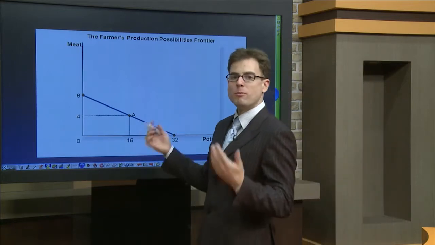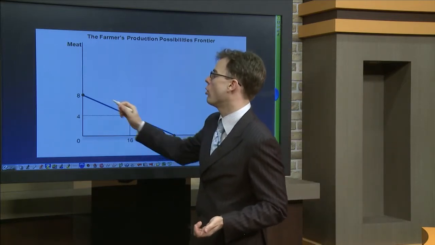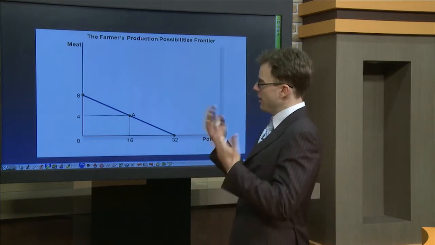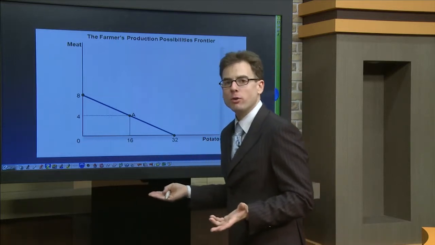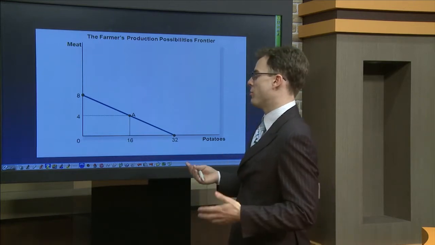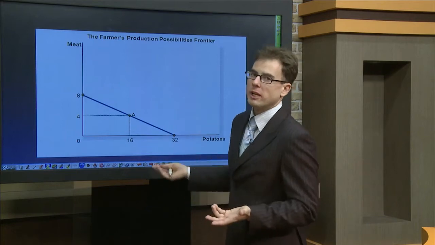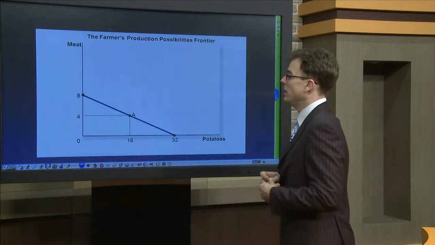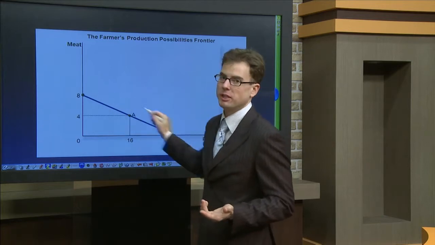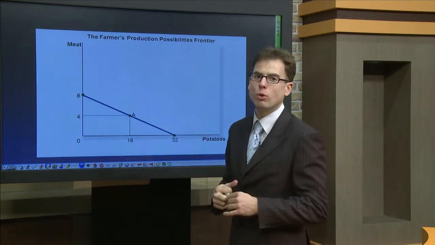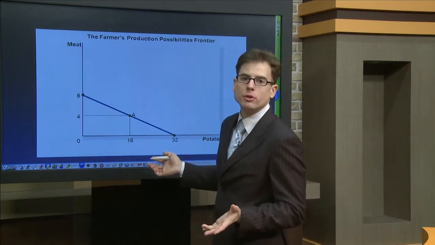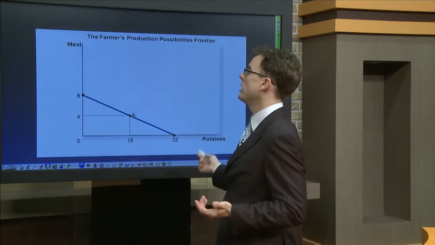Now, remember that production possibilities frontier only tells us what can be produced or what can be consumed. It doesn't tell us anything about the consumer's preferences, and without information about what the farmer likes to consume, we wouldn't know where on this production possibilities frontier farmer will want to locate. So suppose that farmer likes to consume both meat and potatoes.